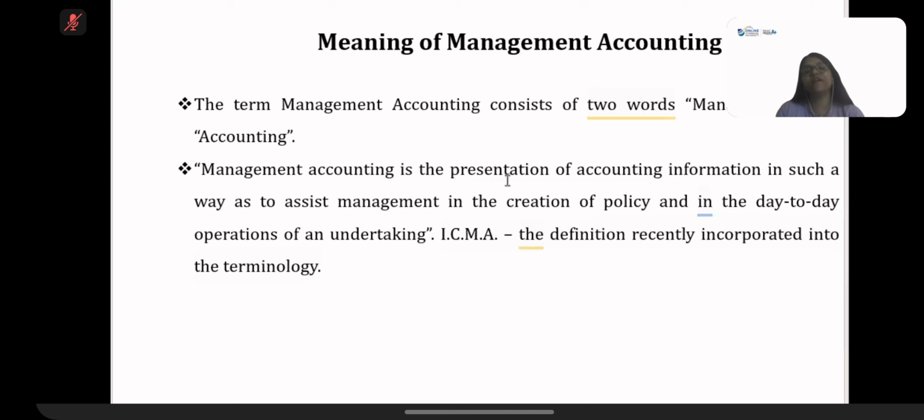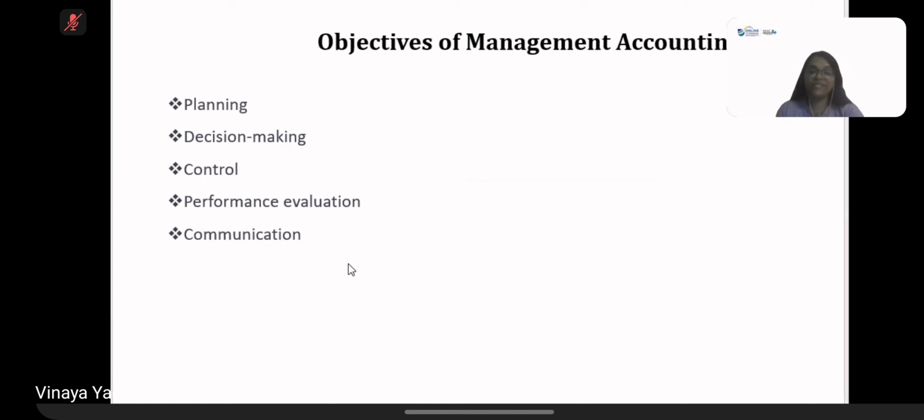It states management accounting is a presentation of accounting information in such a way as to assist management in the creation of policy and in the day-to-day operations of the undertaking. मतलब मैनेजमेंट अकाउंटिंग से आपको ये फायदा होता है कि सबसे पहले तो आप उसको रिकॉर्ड्स अच्छे से बनाओगे और उसके बेसिस पे आप डिसीजंस लोगे कंपनी के ऑपरेशंस का, दैट इज डे टू डे एक्टिविटीज का. ठीक है. Now what are the objectives of management accounting?